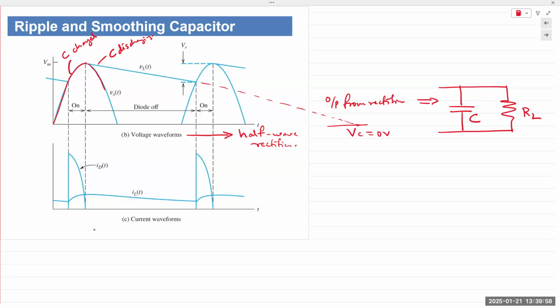But before it can release all of its energy, actually even long before it can release even 10% of its energy, the next positive cycle arrives and begins charging again. So the capacitor is releasing the energy back into the circuit when the diode is off.